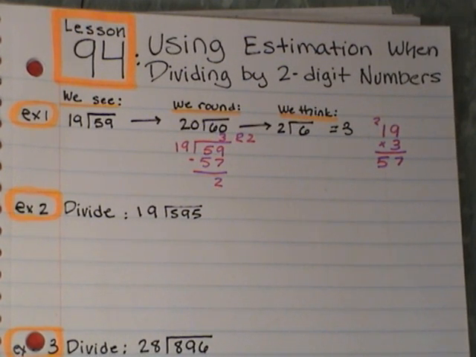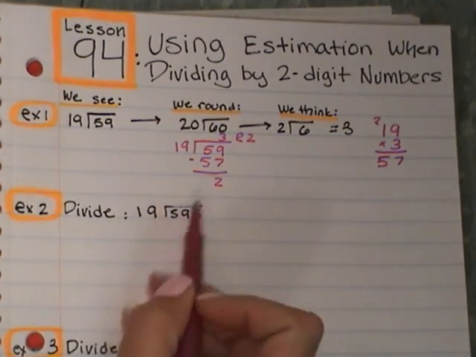Okay, so if I look at 19 and 595, I'm going to round 19 to 20, because we know that from the last problem, and 59 to 60. I'm just going to round the first part of the number, and then we can get started from there.